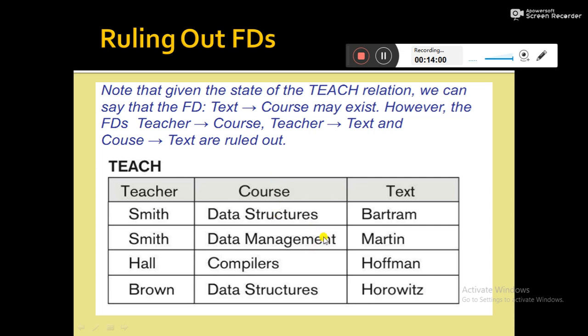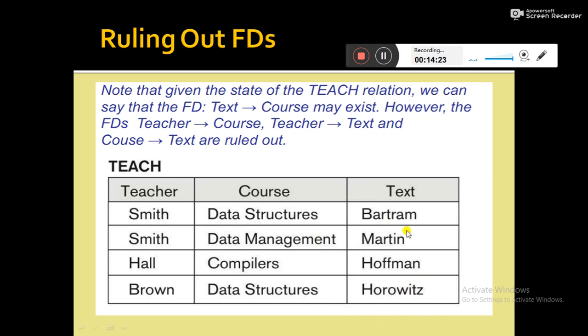Based on this data set, suppose text is Bertram. For the value Bertram, is there a unique value of course or not? Yes. For Bertram there is only one value, data structure, no other value. So yes, we can write it. Check another record: say the text value is Martin.